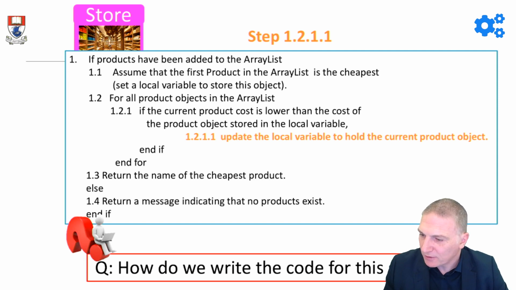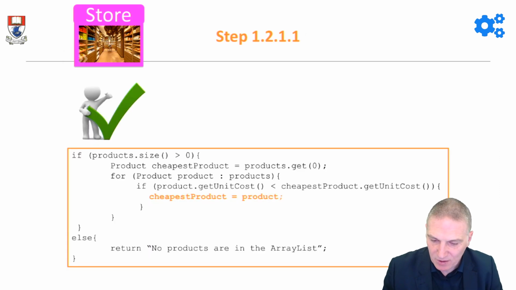Okay, so you're all along the right lines. We have all our answers in. Let's take a look. So cheapest product is assigned the value product. Remember, we're using a for loop.